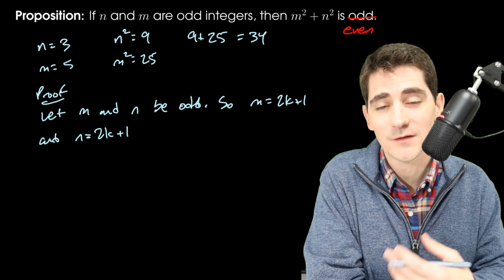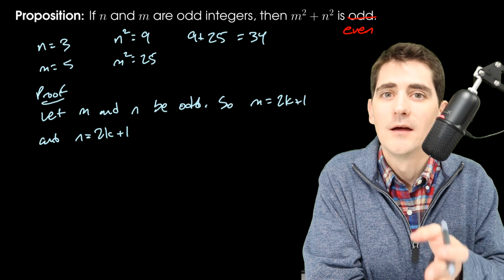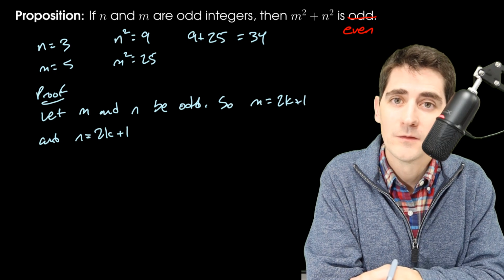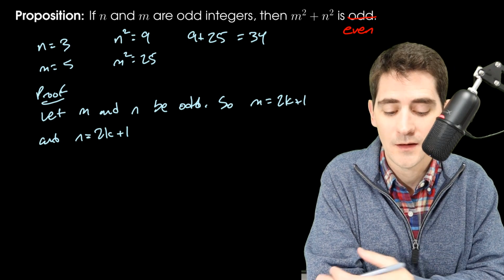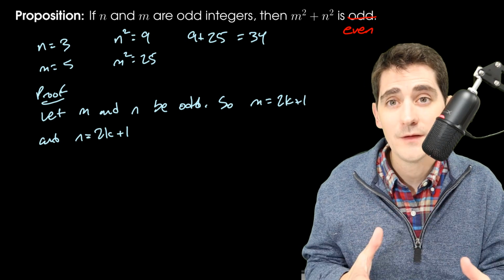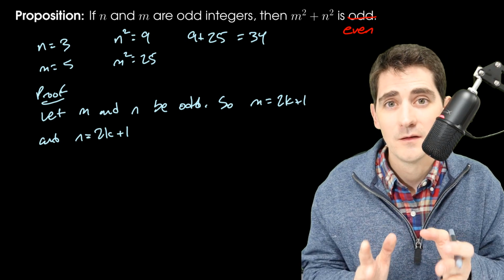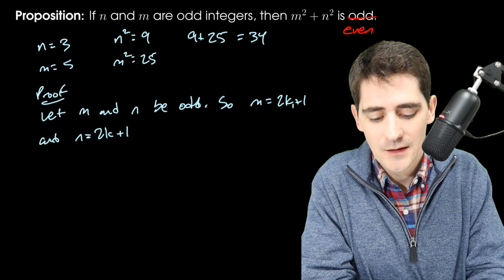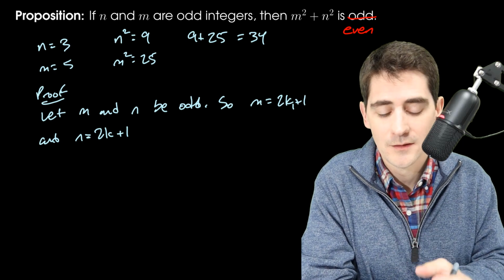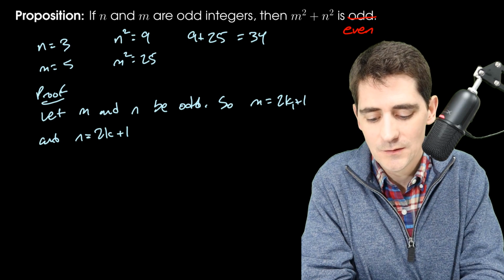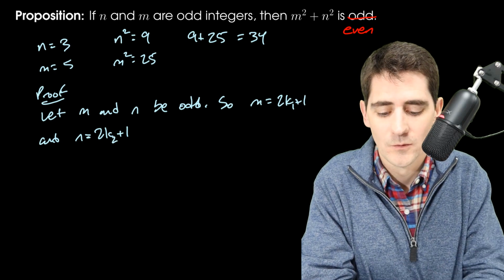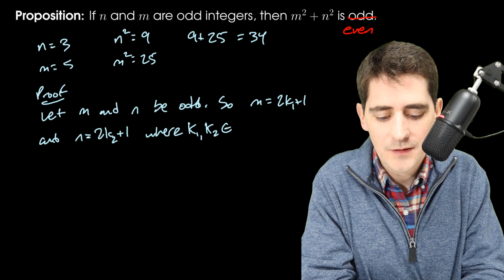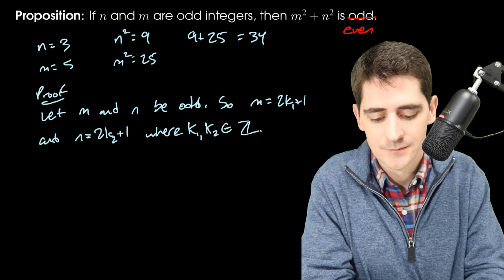Remember, k represents some arbitrary integer dependent upon our values of n, or m in this case. So to avoid this issue where I use the same dummy variable to represent two different numbers, I'm going to say let's let m be 2k sub 1 plus 1 and n be 2k sub 2 plus 1, where k1 and k2 are both integers.